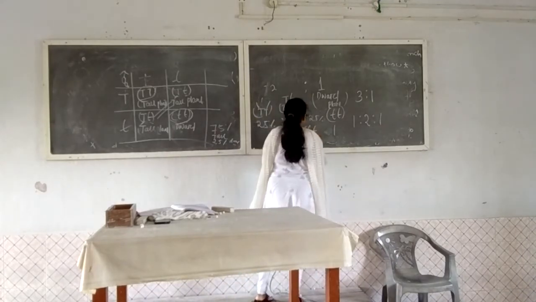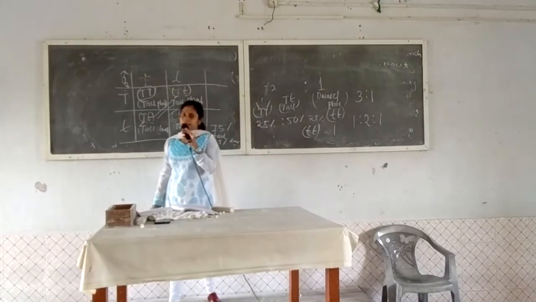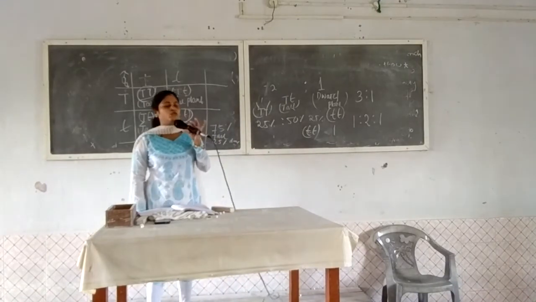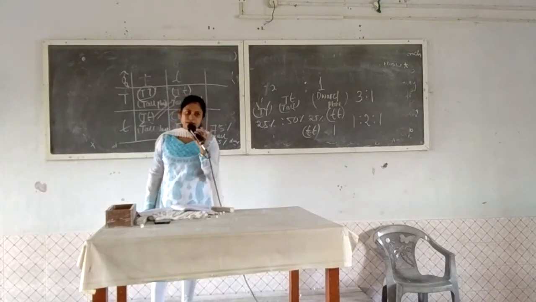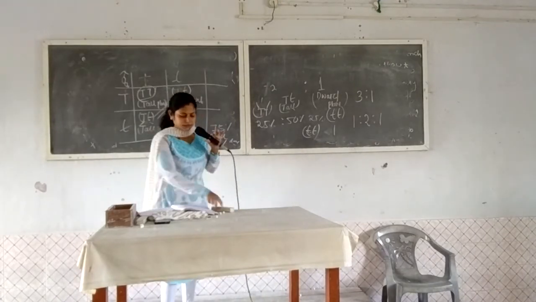Both the small t are present. Here the phenotypic ratio and the genotypic ratio are different, but phenotypically they look similar.